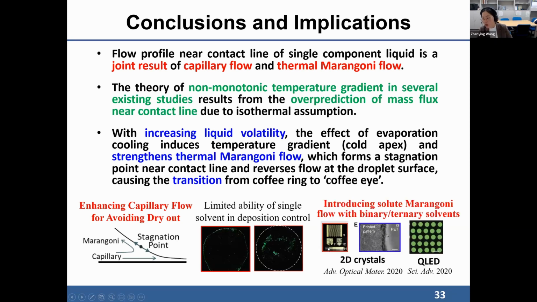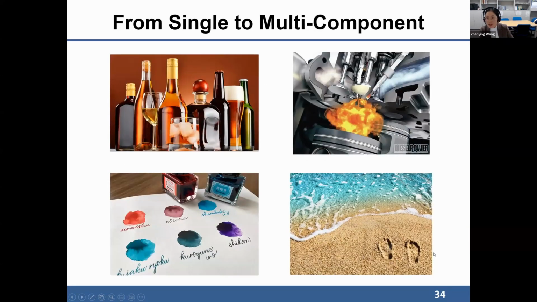So this calls for the introduction of the solutal Marangoni flow by involving binary or ternary solvents, which have already been utilized in the fabrication of 2D crystals or quantum dot LEDs. So this calls for more exploration of the mechanisms from single component droplets to multi-component droplets.